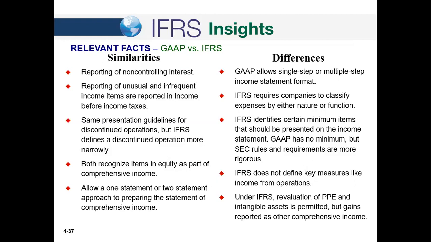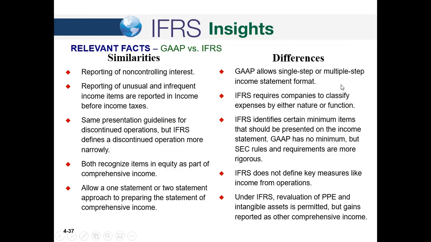And there are the same presentation guidelines for discontinued operations. Both recognize items in equity as part of comprehensive income, and both allow the one statement or two statement approach to preparing the statement of comprehensive income. So some of the similarities there.